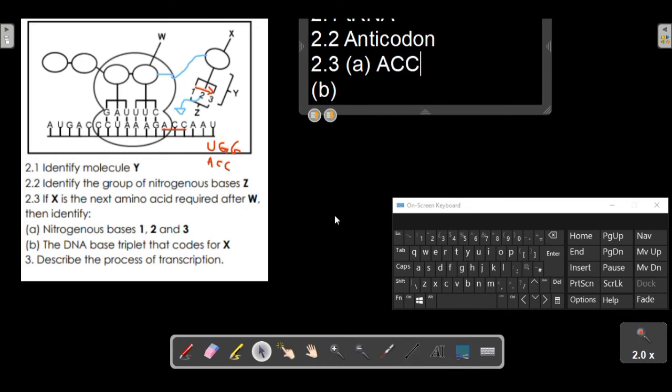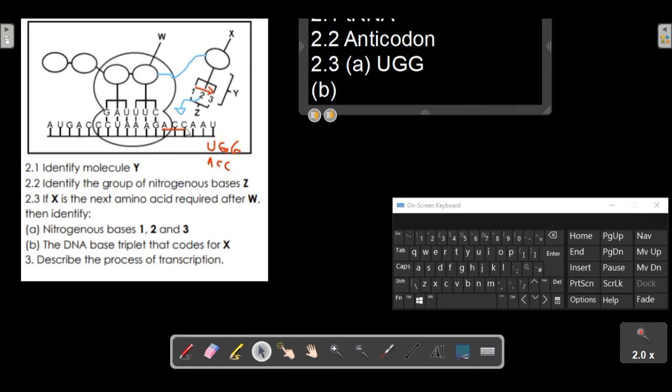UGG. Oh, sorry about that, guys. I keep on making a lot of mistakes here. I don't know what's happening. It's supposed to be UGG, right? So for X, we said that it is UGG, and so the DNA base triplet that codes for this, of course, will be what? ACC, right?